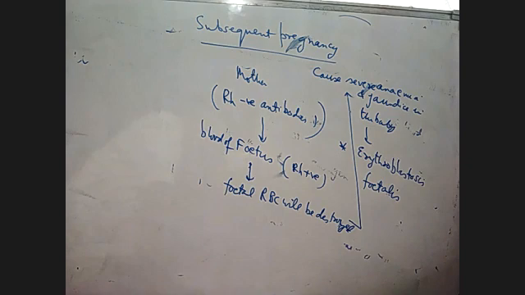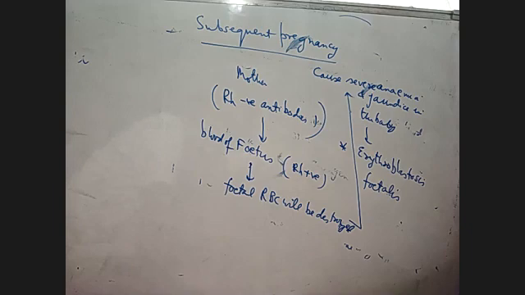So if the Rh negative antibody from the mother enters into the blood of the fetus which has Rh positive blood, then the fetal RBC will be destroyed, and it will cause severe anemia and jaundice in the baby. This disease is called erythroblastosis foetalis.